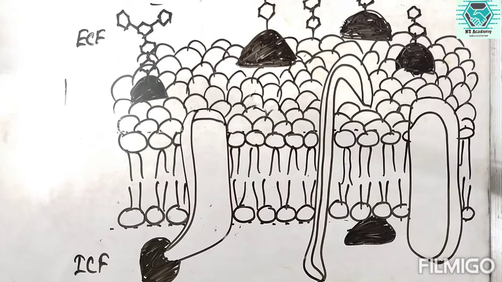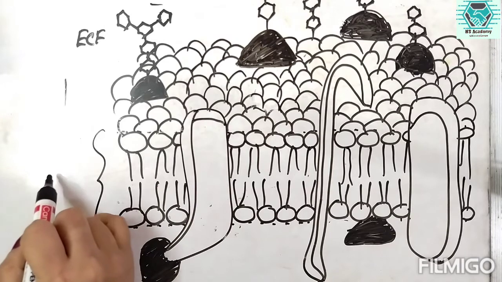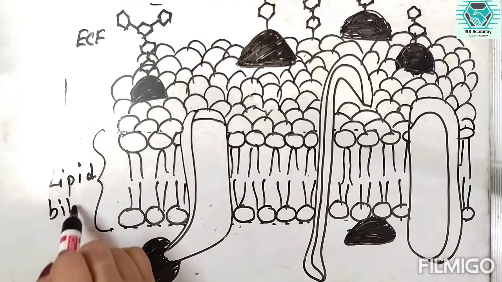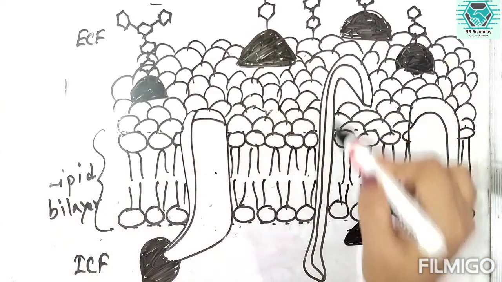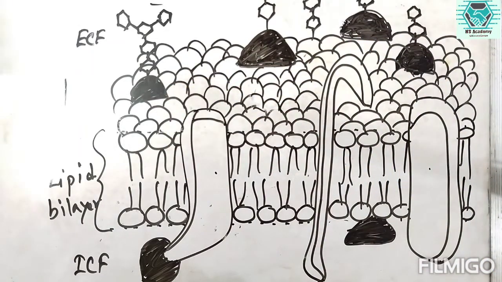Here we find a lipid bilayer, and in between the lipid bilayers there are different types of proteins. This is one protein, this is another protein, and these are other proteins also attached with the membrane.